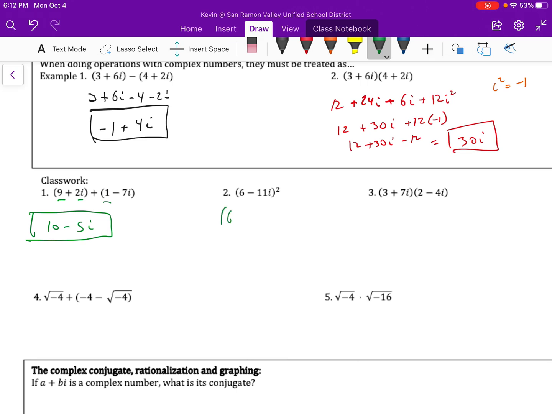All right, now we are going to take 6 minus 11i times 6 minus 11i.